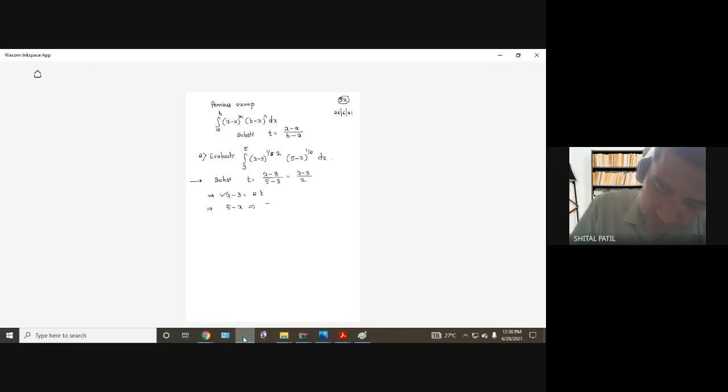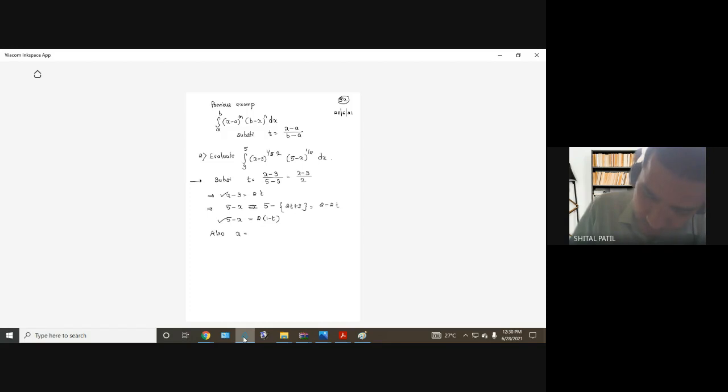So 5 minus x equal to 5 minus (2t plus 3), that is 2 minus 2t. So 5 minus x should be equal to 2 times (1 minus t).